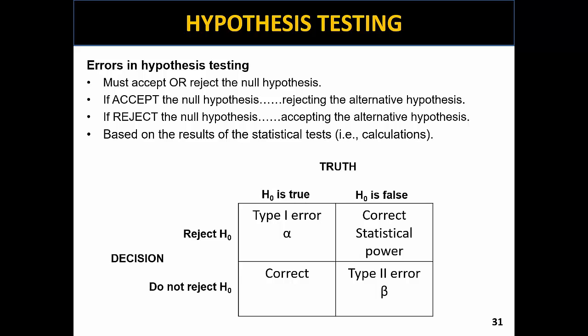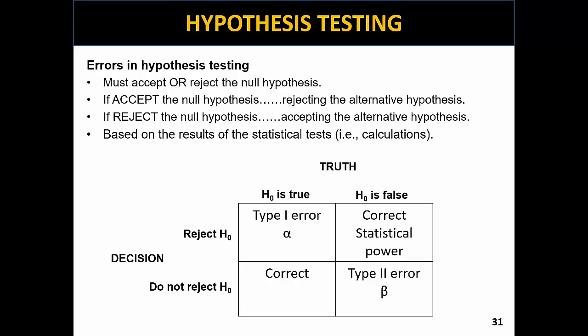On the other hand, if we accept the null hypothesis, so we do not reject it, we are making a statistical based decision that there is no difference between the two groups. And if in fact there is no difference between the two groups in a population, then that would be a correct statement. However, we know that in reality, there's always the risk of committing an error.